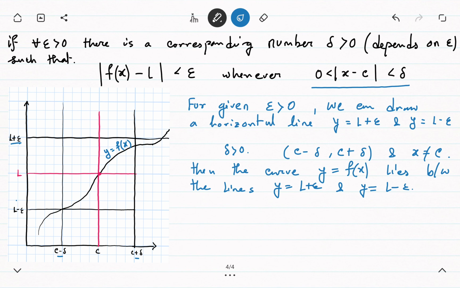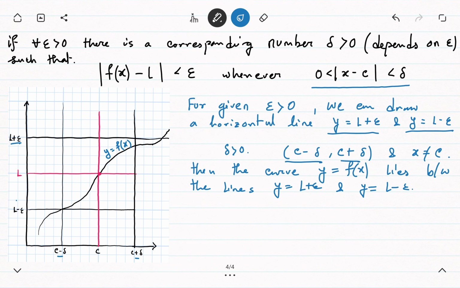For a given arbitrary epsilon, it doesn't matter how small it is, we can draw the horizontal lines y equals L plus epsilon and y equals L minus epsilon, and we restrict x to lie between c minus delta and c plus delta, and you can see this entire curve lies between y equals L plus epsilon and y equals L minus epsilon.